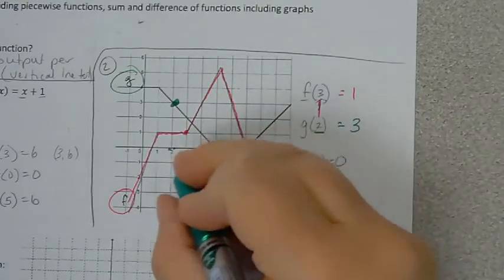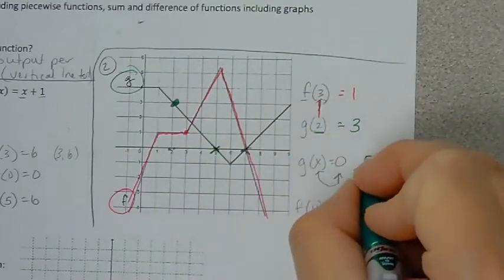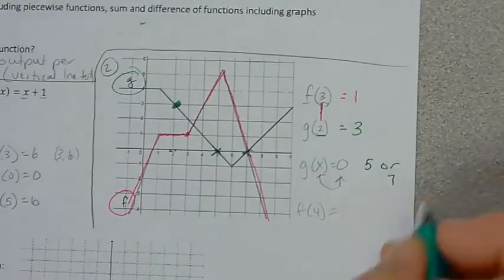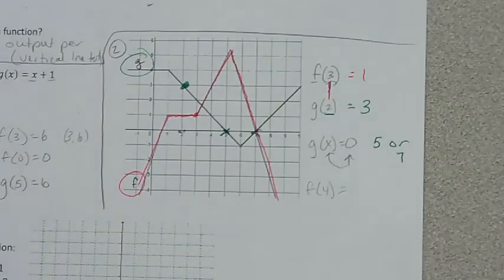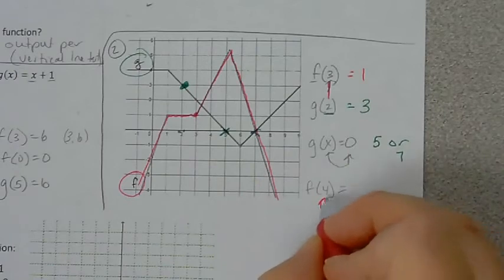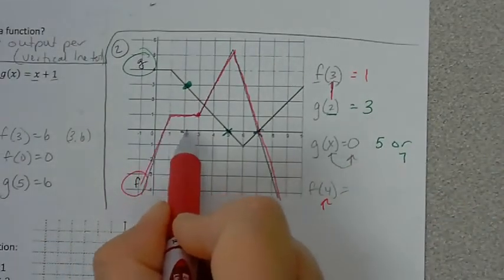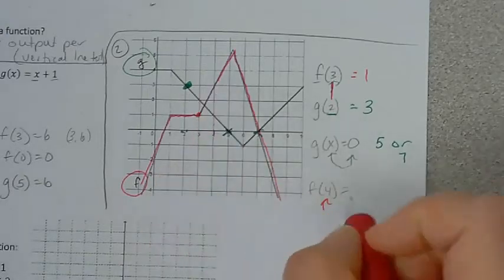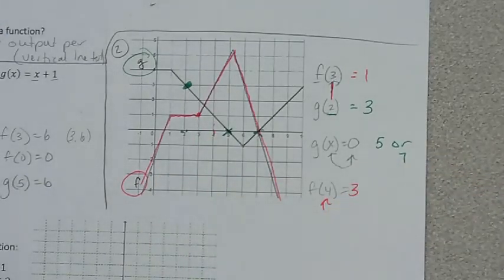So this happens when the input value is 5 or when the input value is 7. It happens at both places. Okay, let's find the last one. The f function when the input value, or the x value, is 4. So when I go 4 for the x value, then the y value is 3. So we're talking about inputs and outputs.